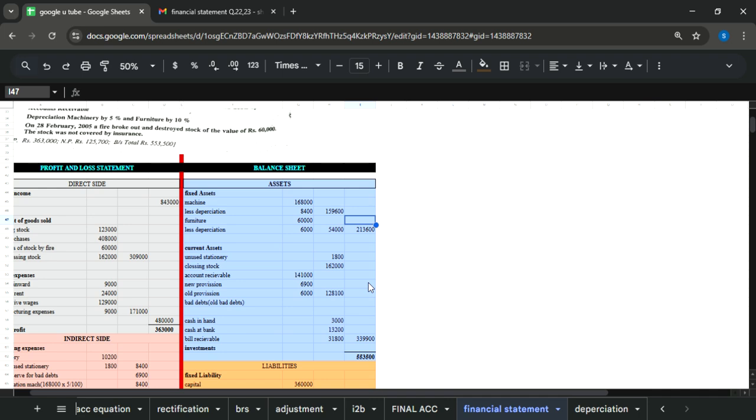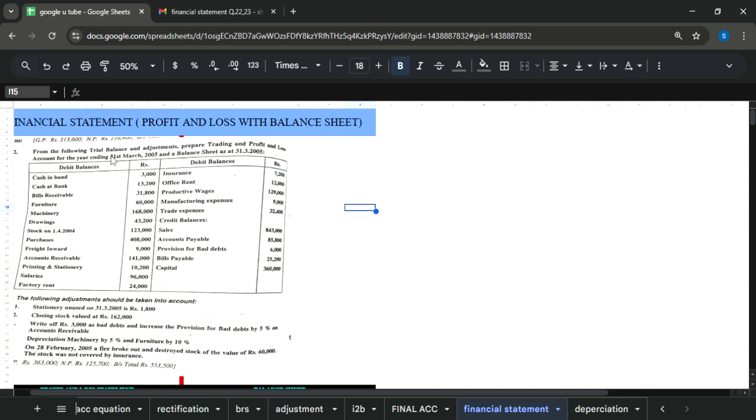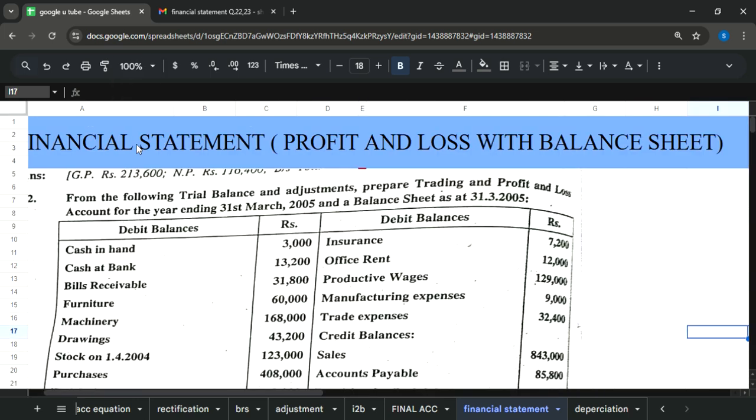So guys, you have seen that with no extra effort, no editing, our answers absolutely match with our book. All four parts are completed.